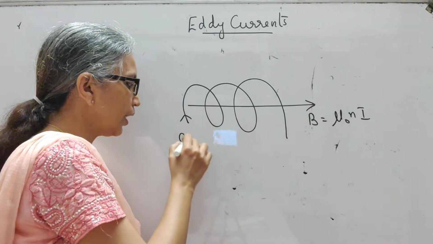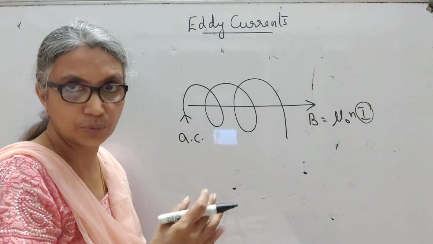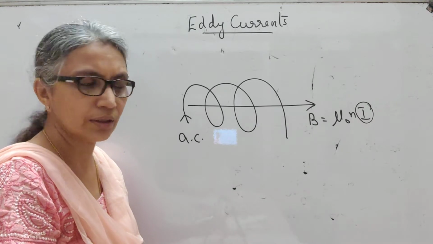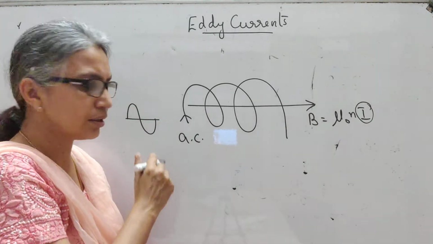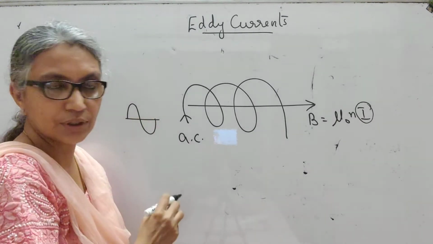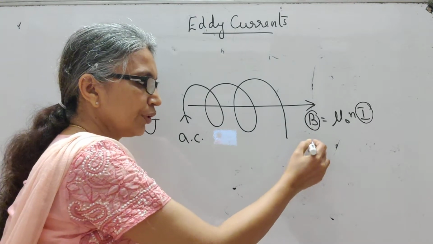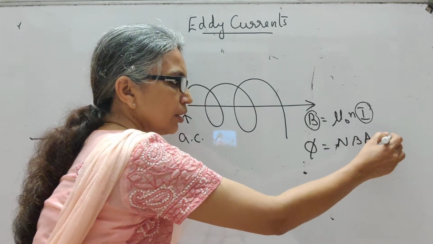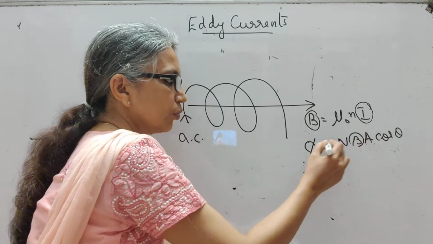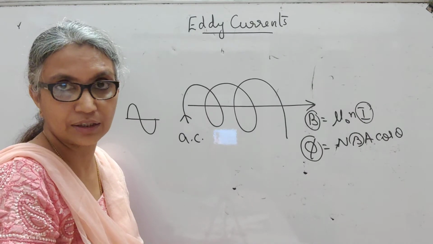If this is carrying an AC current, I have not taught you AC current yet, I will be teaching you in the 7th chapter, but all of you know from 10th standard, the AC current is an alternating current which keeps changing its values, and because of this change in current, there is a change in the magnetic field, and flux being equal to NBA cos theta, any change in the magnetic field will change the flux.